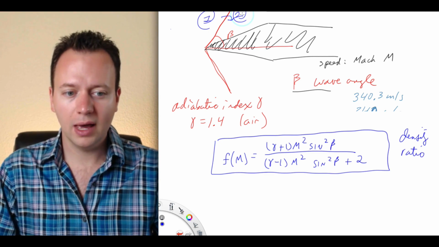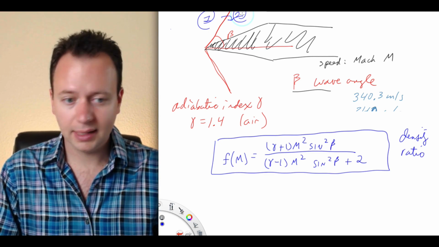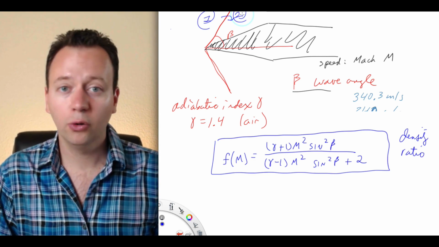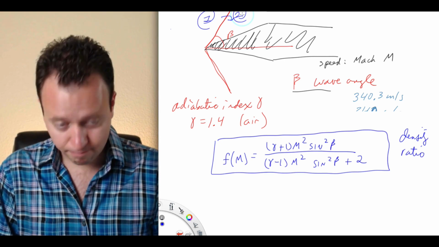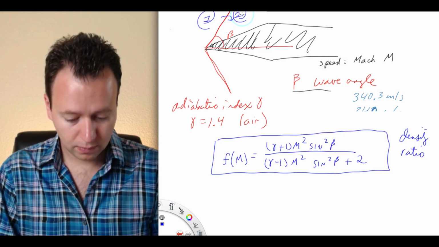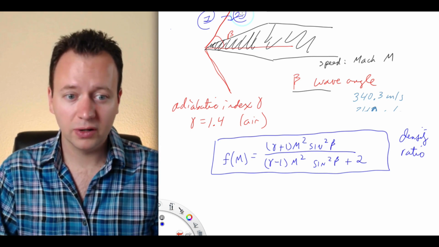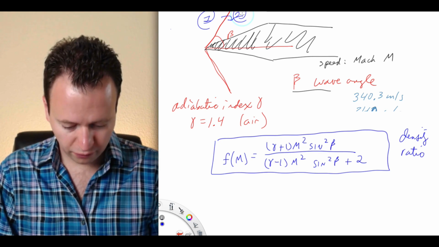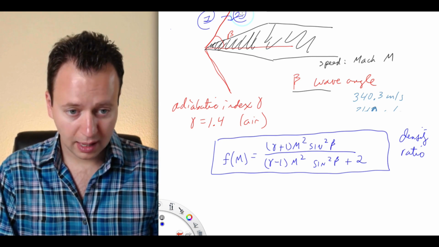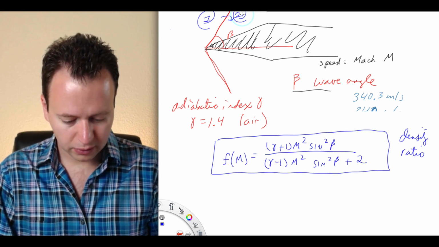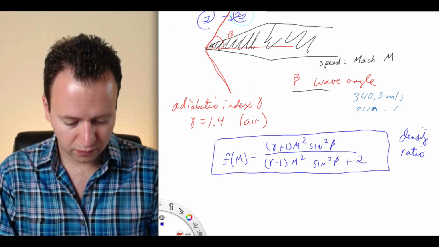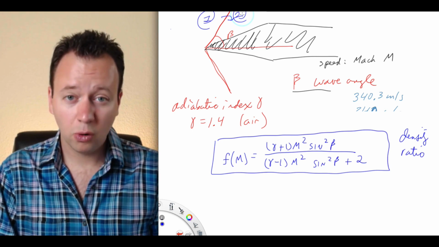So across the shock wave, you get a sudden change in density. For example, let's just plug in a number. If you have a 45-degree shock wave, sine squared of 45 degrees is 1/2. So we get 2.4, let's say we're going at a Mach number of 2, times 4 times 1/2, and then divide that by 2 plus 0.4 times 4 times 0.5, about 1.7.